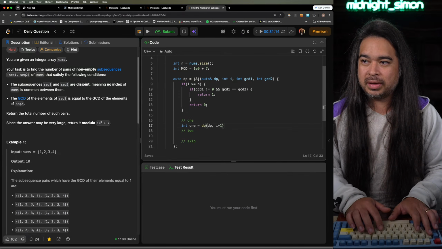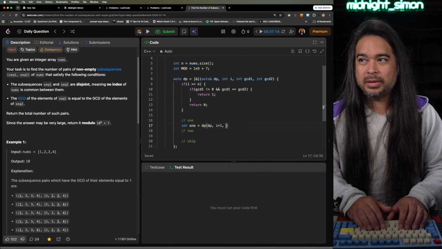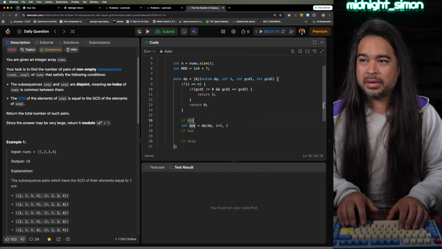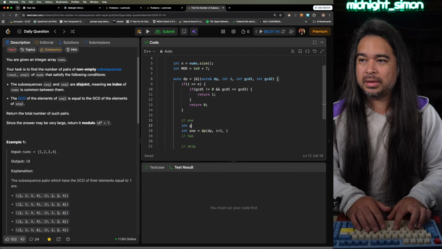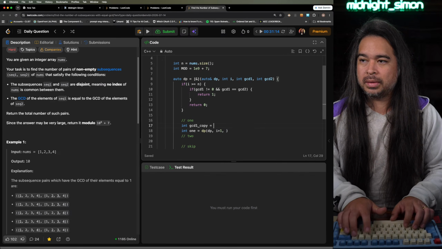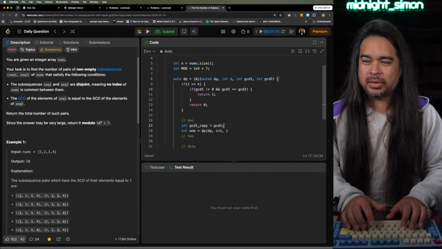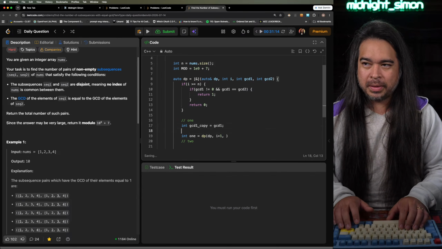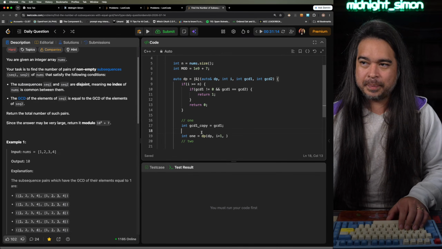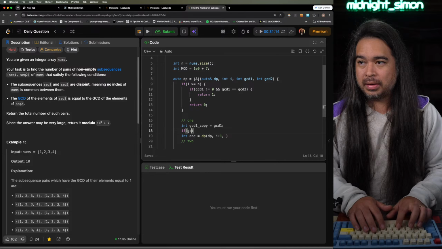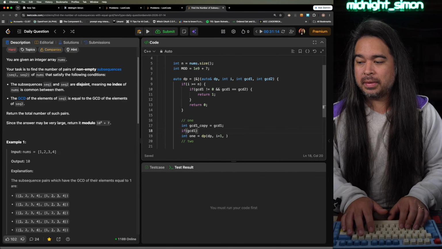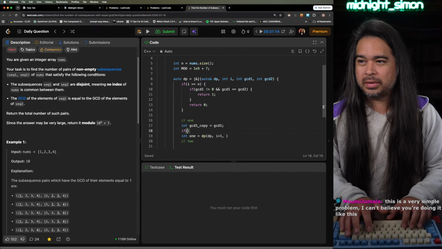I go to the next number, and then I put. How do you do this part, man? Do I need to make a copy? So I'm trying to say. Should I make a function for that?